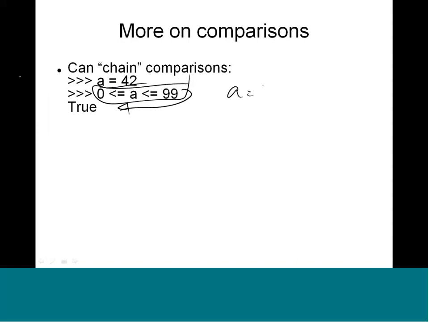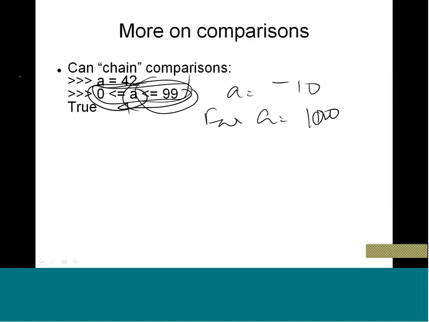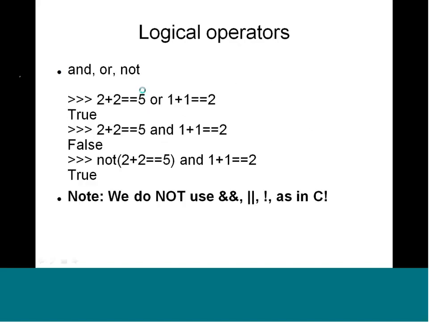But if A is minus 10, this evaluates to False, even though this side may be true. And if A is 100, it also returns False because this side will evaluate True, but this side is going to be False. So you can specify these shortcuts. This saves a lot of time and a lot of code.